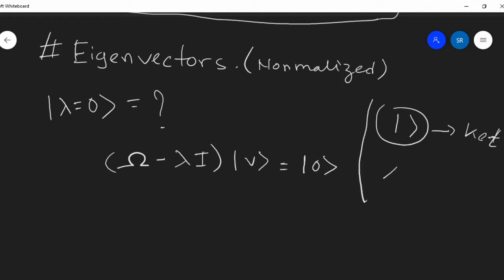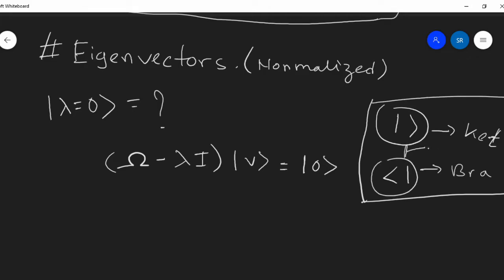And this one is a bra. Never forget these two things. These two bracket notations are really important in quantum mechanics. Ket is like a column matrix and bra is a row matrix.